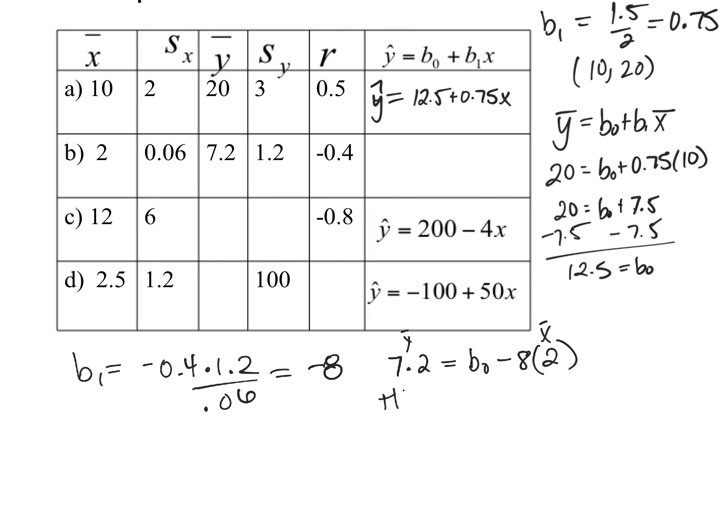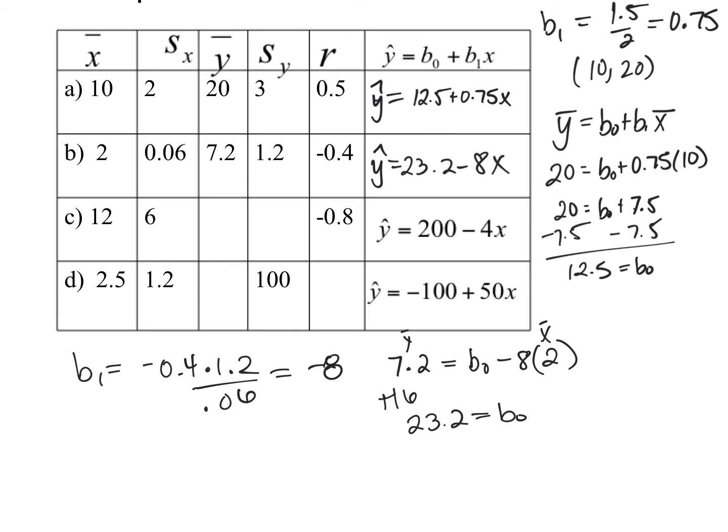So that's plus 16, right? So 23.2 equals b naught. And we get y hat equals 23.2 plus, minus 8x. Okay.